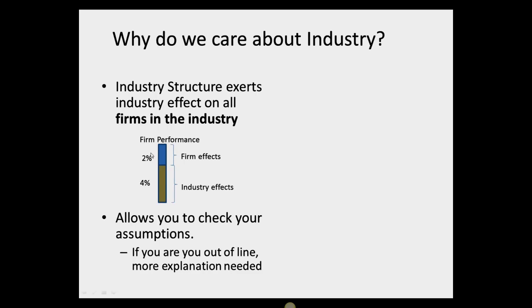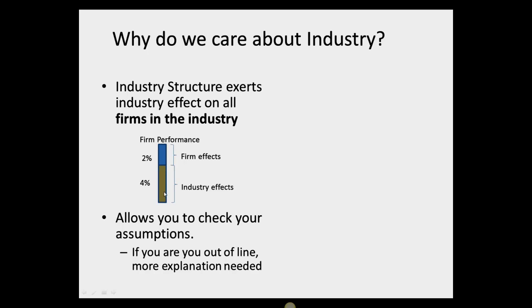So let's say a firm has 6% profit. Part of that 6% comes because they're competing in a particular industry. And then part of that comes because of what the firm is doing relative to the rest of the competitors in the industry. So, for example, if the average profit margin in an industry is 4%, and you have a 6% profit margin, that means you're doing better than average.